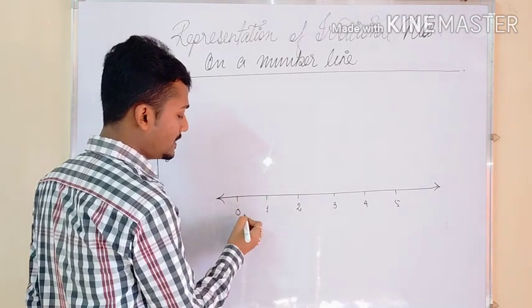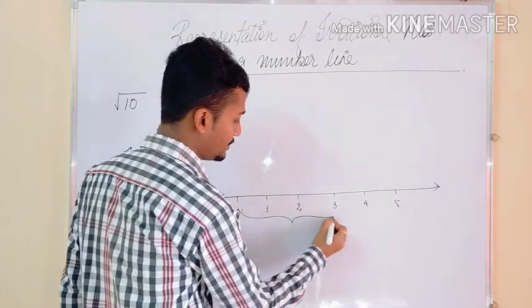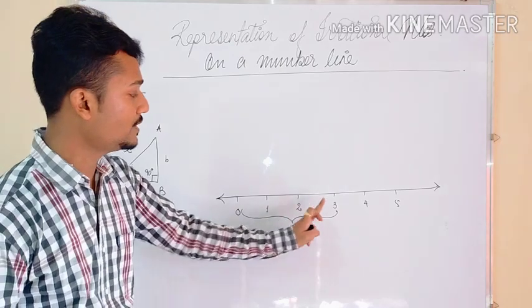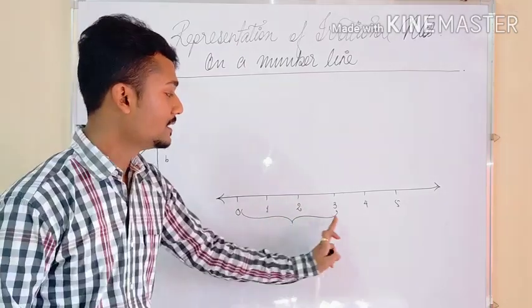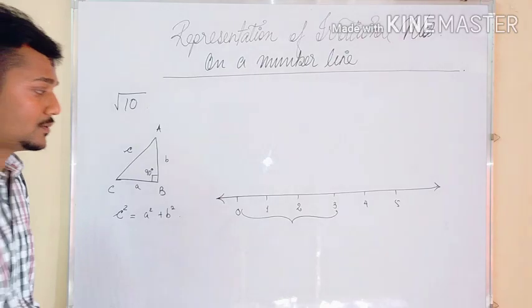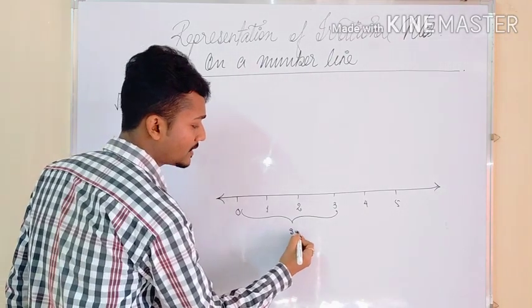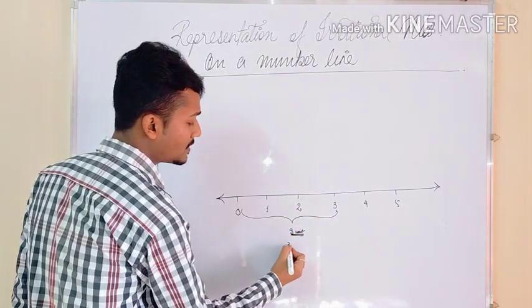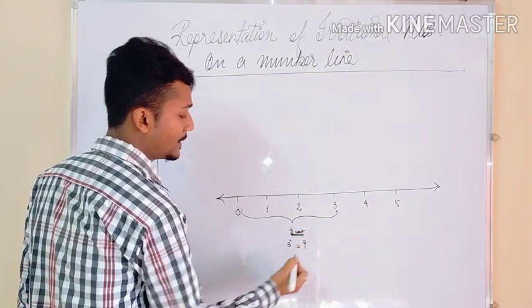Now, what is the value of 3 square? 1 unit, 2 unit, 3 unit. So total it is 3. What is the value of 3 square? This is 3 unit. Yes or no? 3 square is equal to how much? 3 square is equal to 9.